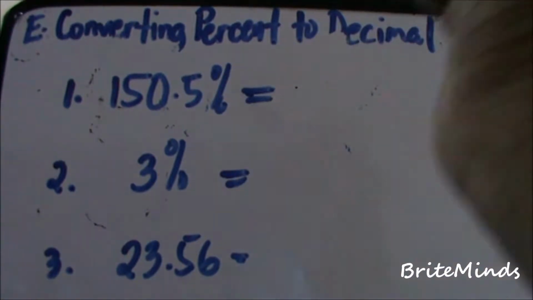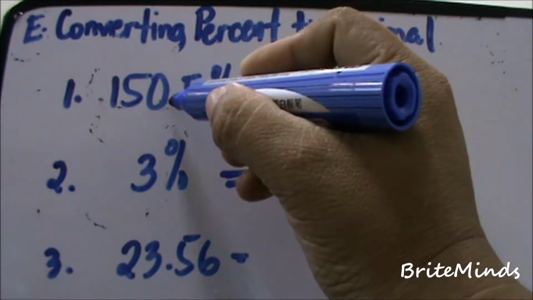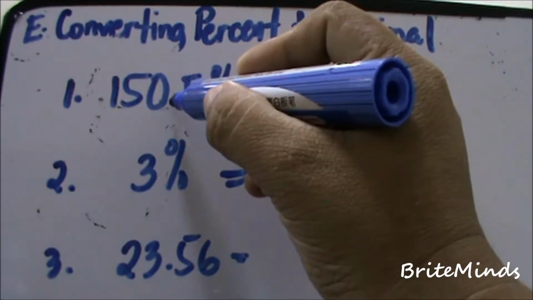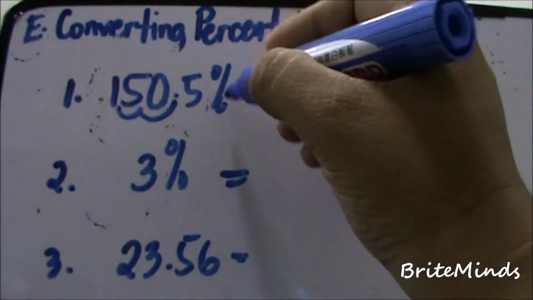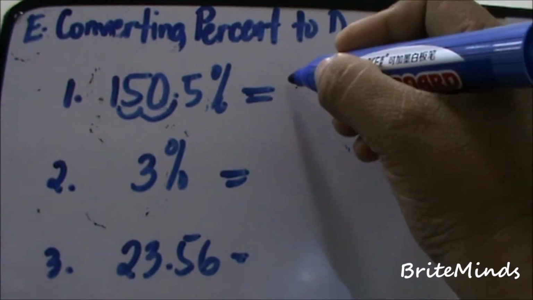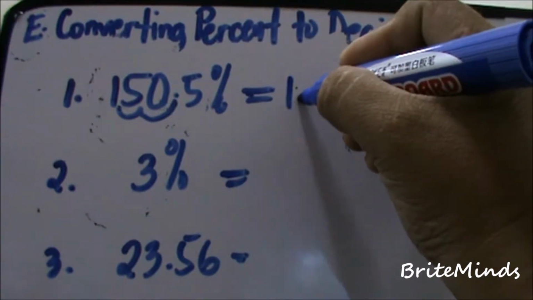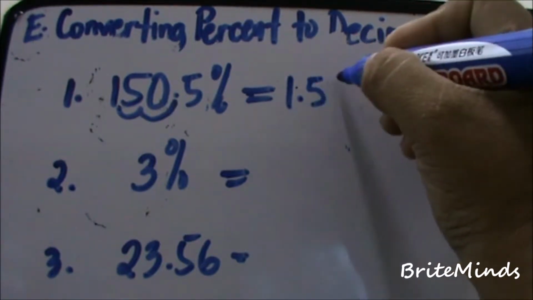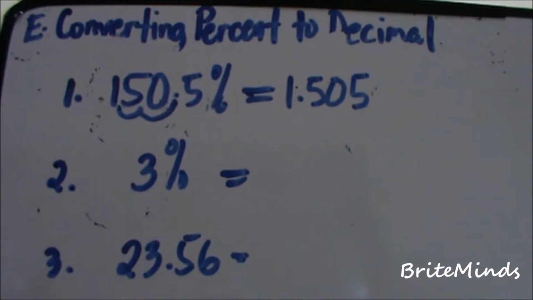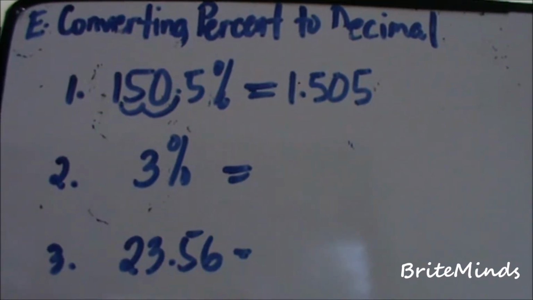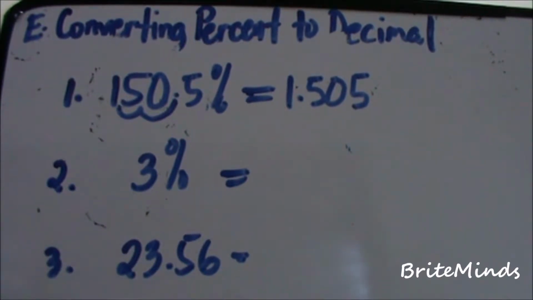So we need to move this decimal point 2 places to the left. Okay, 1 and 2. Okay, then remove the percent sign. So it will look like this, 1.505 in decimal form.